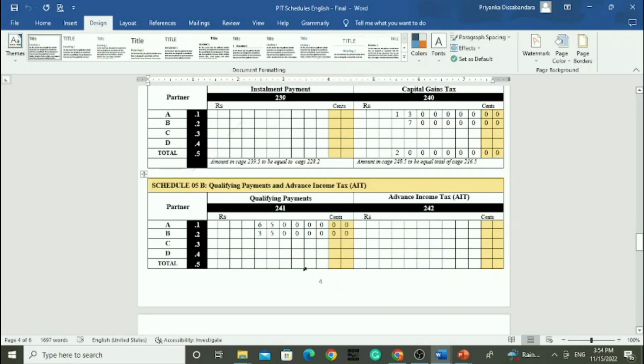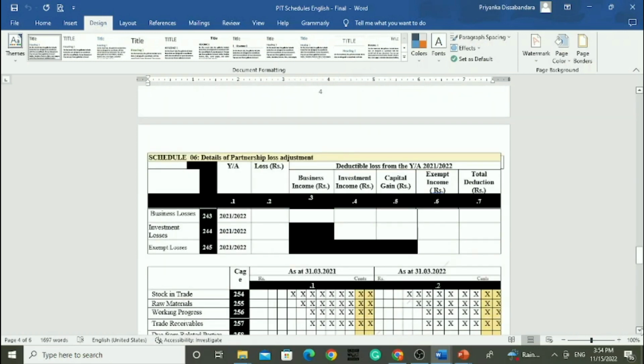Then we are going to allocate qualifying payments to the partners. To partner A, Ms. Rasika, the qualifying payment portion will be 650,000. To Ms. Tilaka, the qualifying payment portion will be 350,000. In this example, there is no loss.